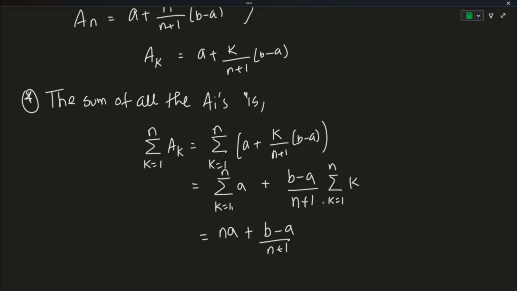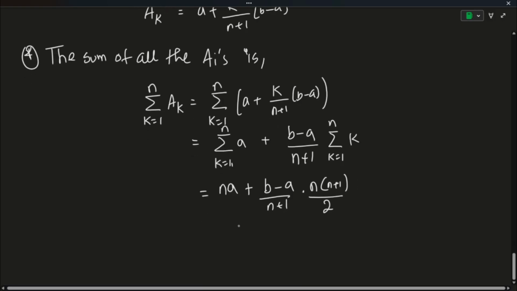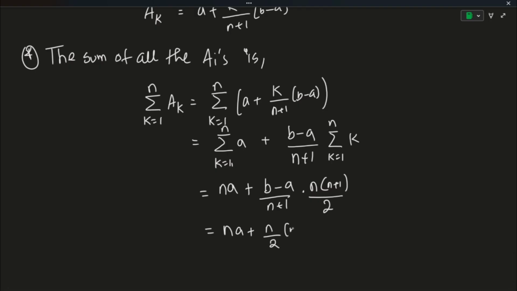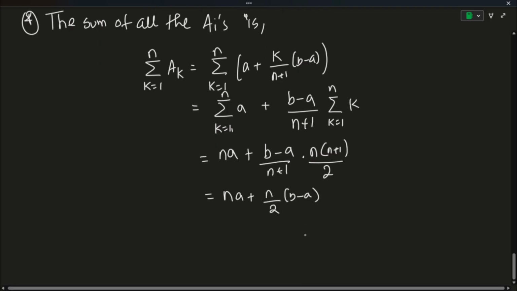एंड ऊपर हमने देखा इन सम स्पेशल सीरीज कि दिस समेशन इज इक्वल टू n into n plus 1 by 2, क्योंकि दिस इज नथिंग बट sum of first n natural numbers. When you cancel this off, you get nA plus n by 2 into B minus A, right?